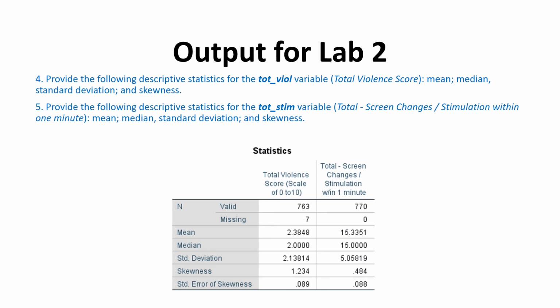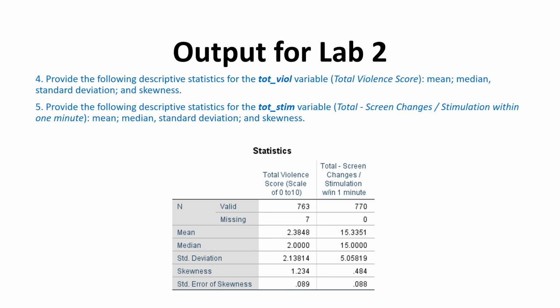The numbers below that represent the value of the statistics that we asked SPSS to compute. And then at the far side, we see total screen changes. That's that TOT_STIM variable. And same idea, we see the values of the statistics that we asked SPSS to compute. So for you, all you need to do, if I say what's the mean, the median, standard deviation, and skewness, just look at the mean row under each variable, find the value, and report the value.